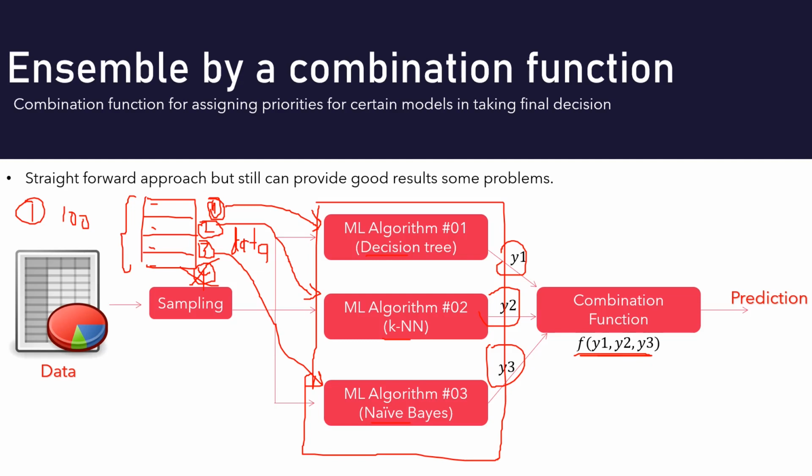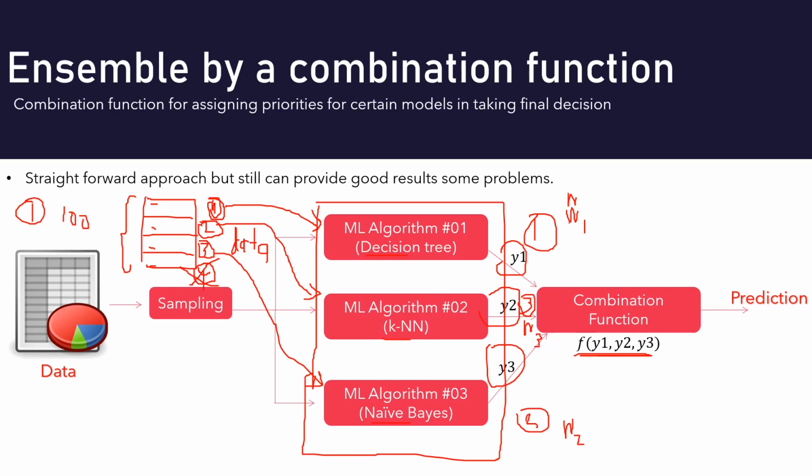For example, for most of the problems, decision tree is providing good results, second, naive bayes is producing good results, and third, this one is producing good results. We are kind of making a weighting function. We are assigning more weight to the decision tree, then less weight to naive bayes, and even less weight to nearest neighbor.